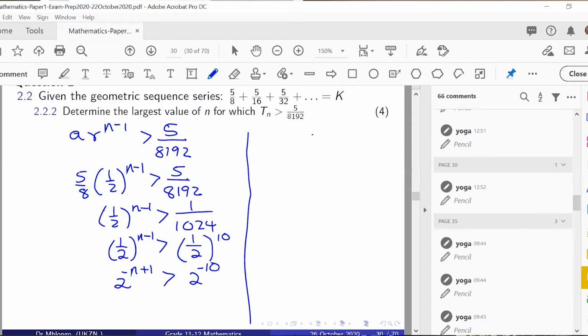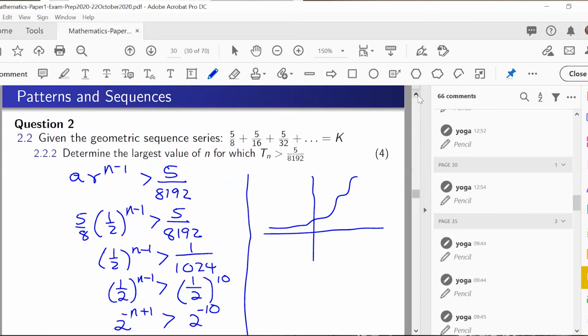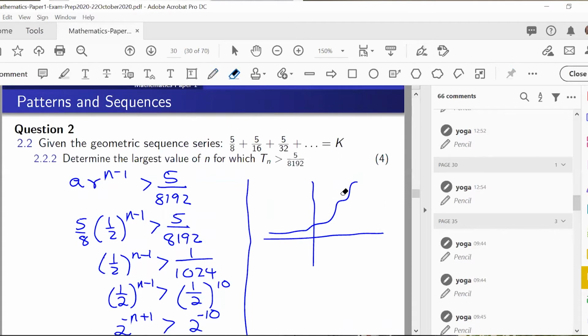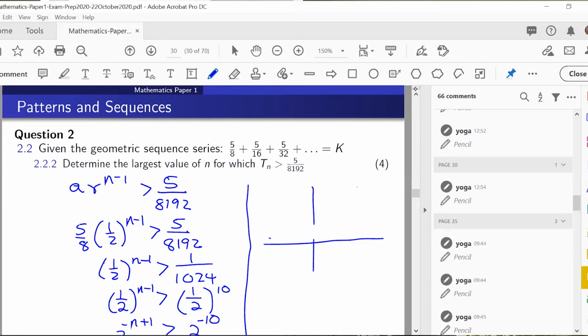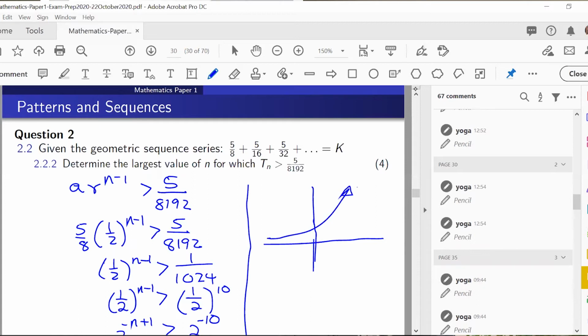Now the graph of y equals 2 to the power x.